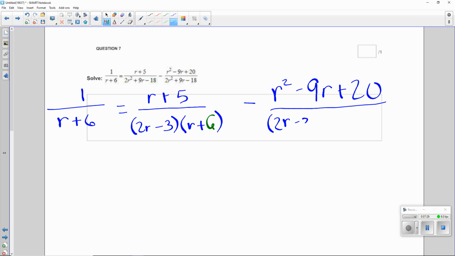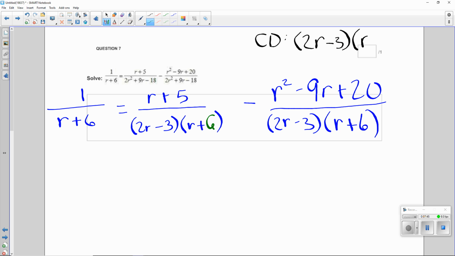Oh yeah, that makes sense, because r plus 6 is indeed one of our factors, which means our CD in this problem is 2r minus 3 and r plus 6.